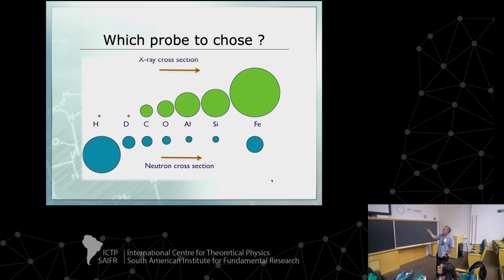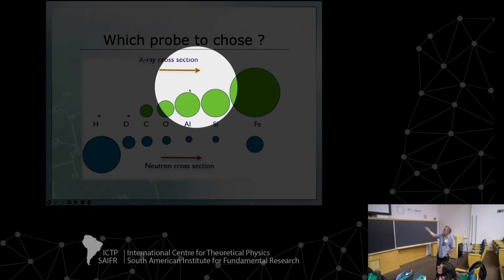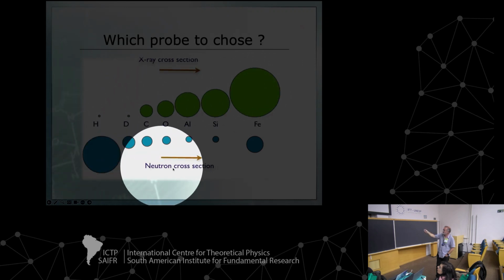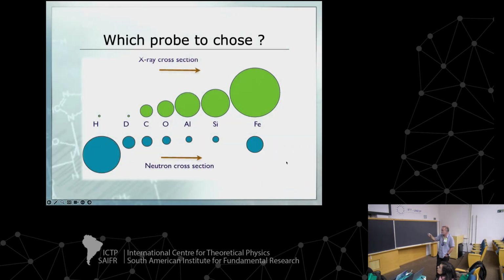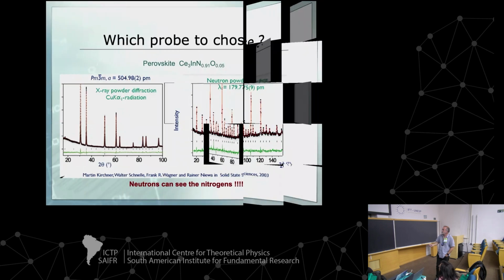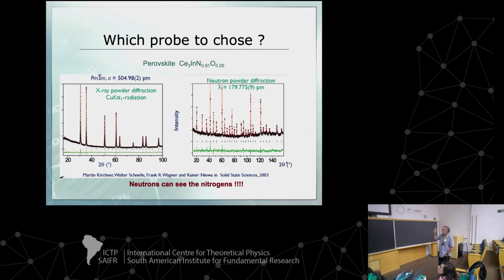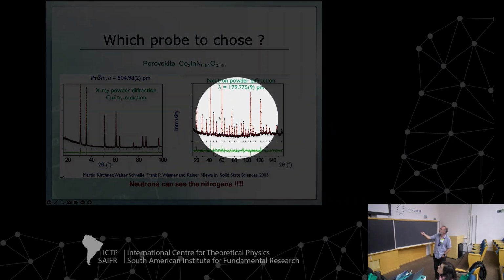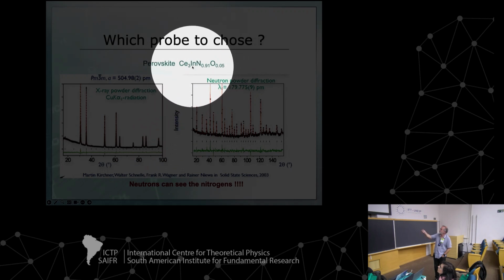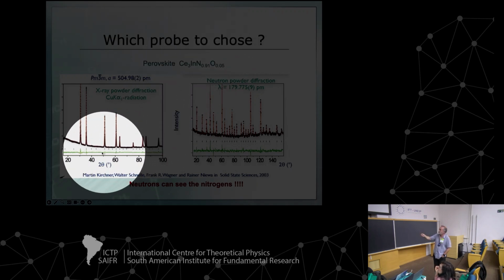And here you see the neutron cross sections. You see what happens with the X-ray cross section, and here with neutrons. So that also will help you to choose the probe. On the other hand, neutrons can see things that X-rays do not see. For instance, nitrogen. This is a powder diffraction of this material, an oxide of cerium with indium and nitrogen, with these peaks.